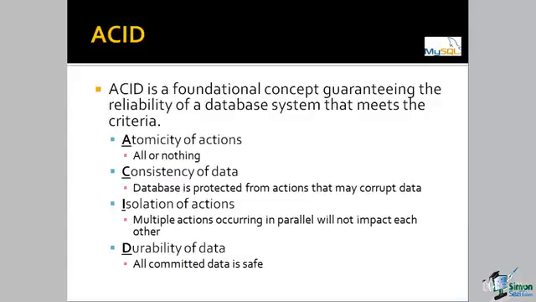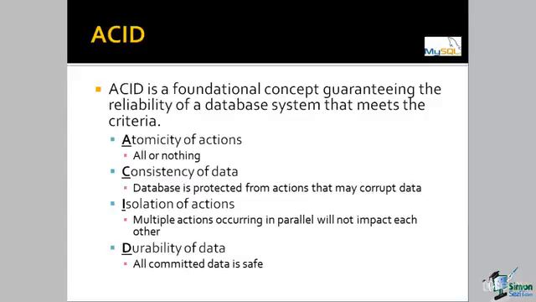And if it is unable to execute our collection of actions as a single unit, it must undo any part of that collection of actions to put the database back into the state it was in prior to attempting to execute them. So the atomicity of actions means if given some collection of actions to take against the database, they either all occur successfully or none of them occur.